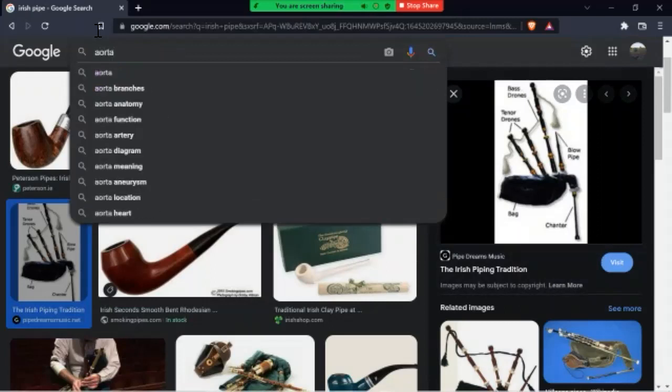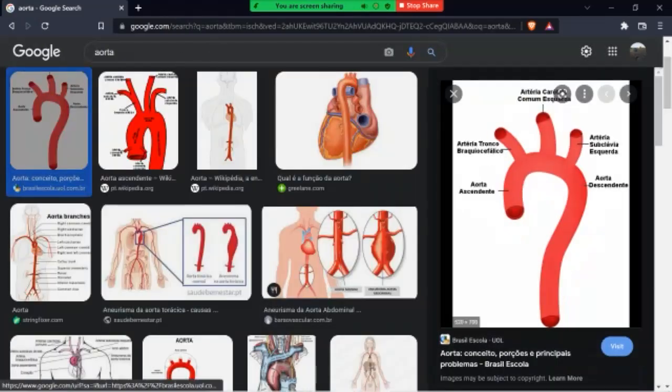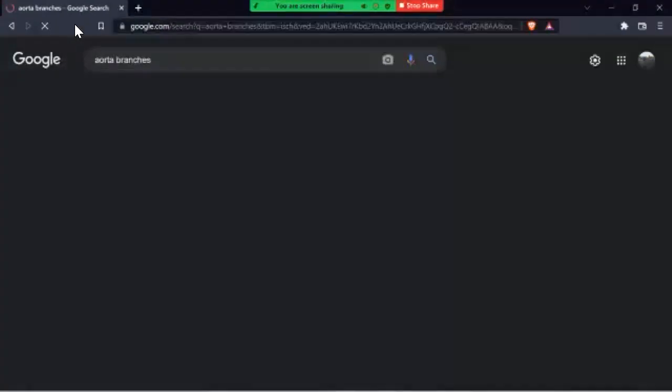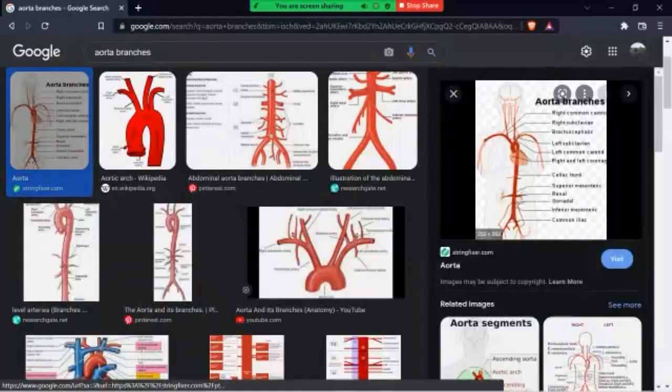Aorta. You can see it divides into three. So we have the aorta, the aortic arch, and then the brachiocephalic, which goes up toward the brain. The aorta branches.